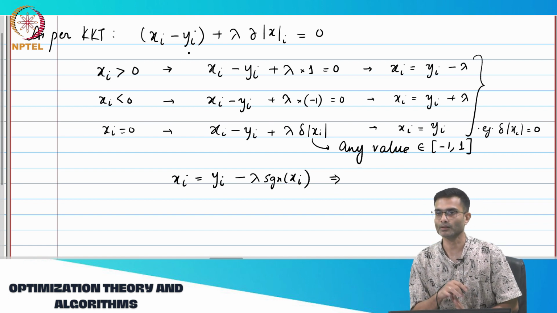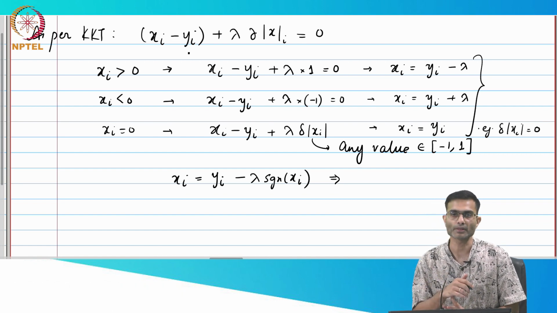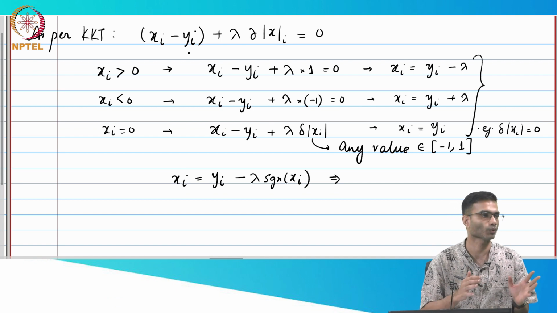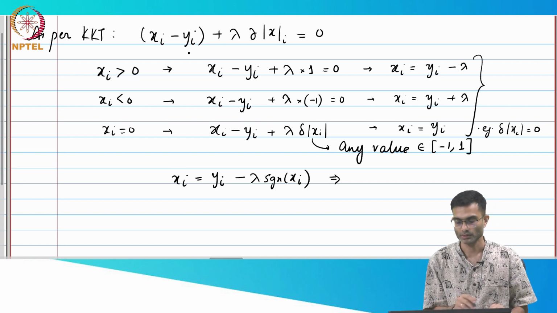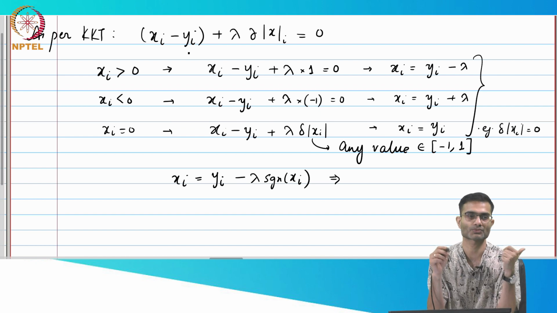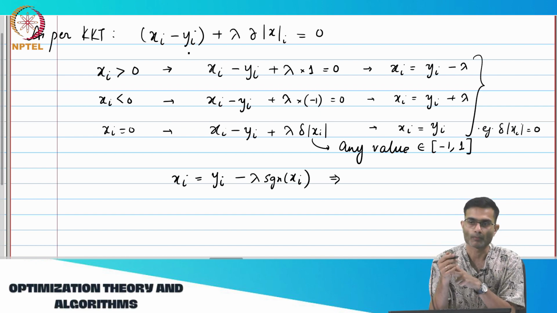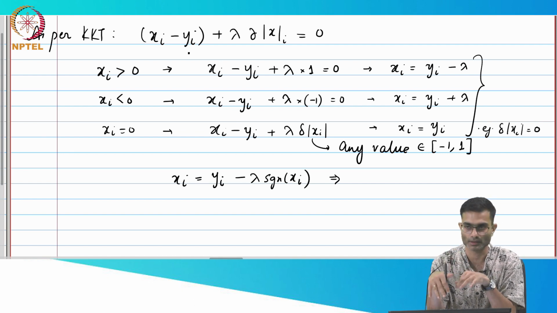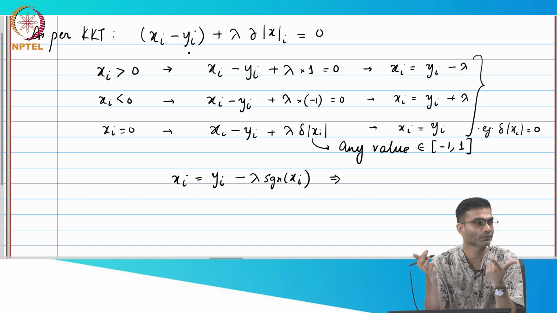Let's quickly recall, in this problem, what is given to me, what do I have in hand, what do I know? There are three terms in this expression: x, y, lambda. Is lambda known to me? Other than the fact that in this case it is strictly greater than 0, I do not know what it is. Do I know xi?